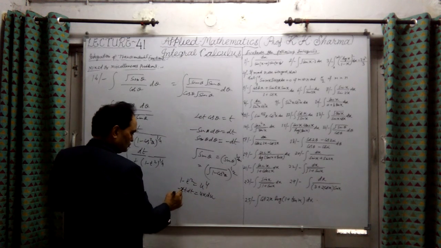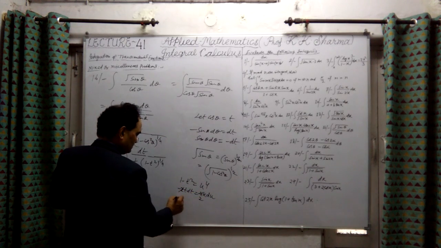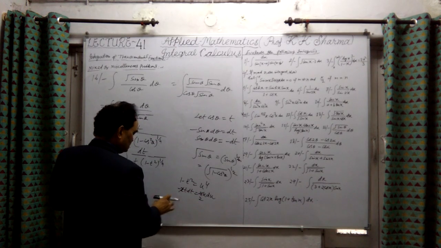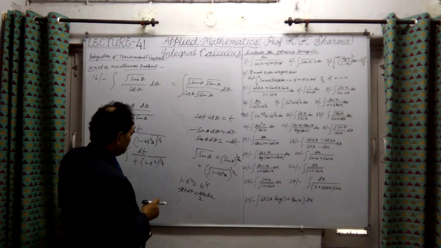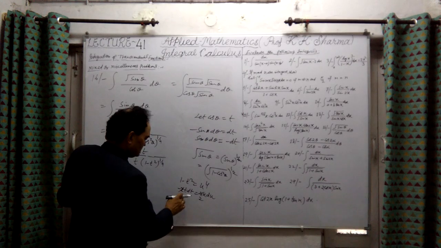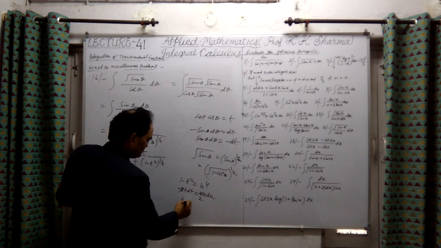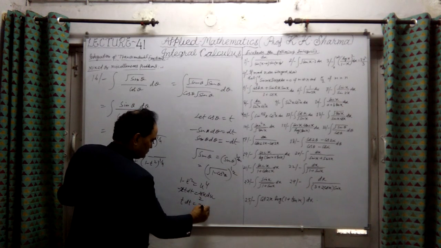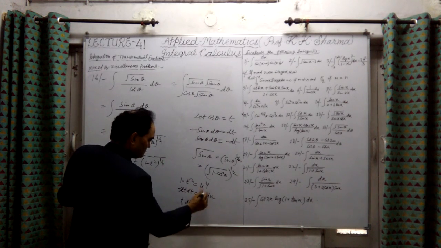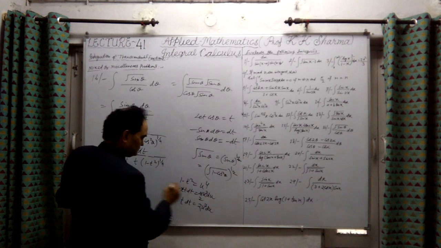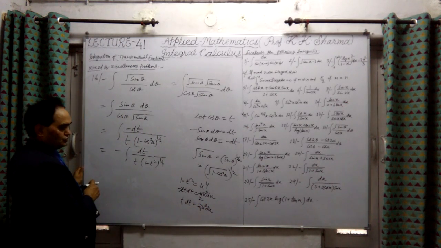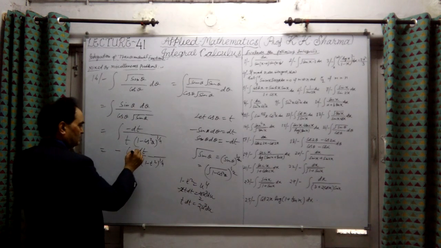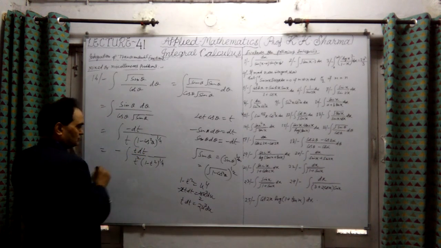Okay, so 2 cancels out 2 times, this is t dt. So if I write here, t dt is equal to, I'm sorry, 2 u cube into du. So I multiply this by t and here also t square.